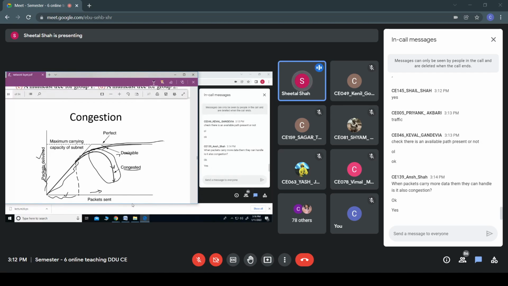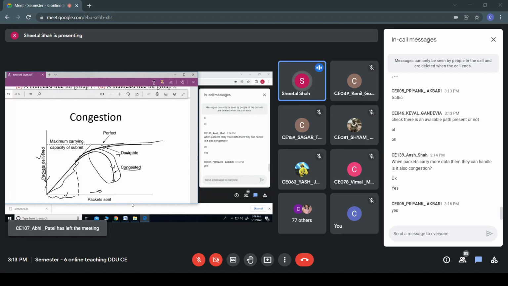Say suppose we are moving on some highway, and if there is a congestion, then what would you suggest? The road should be wider. I mean, there should be more lanes. Okay, so in short, the bandwidth should be increased. Do you agree to this?